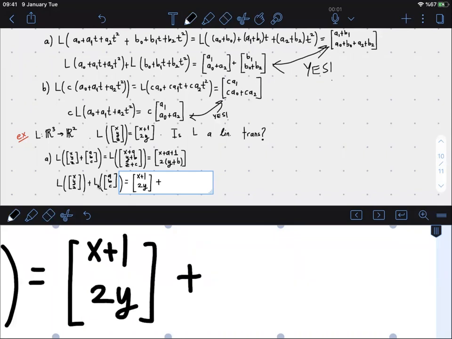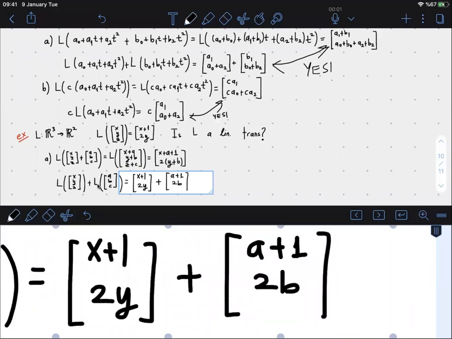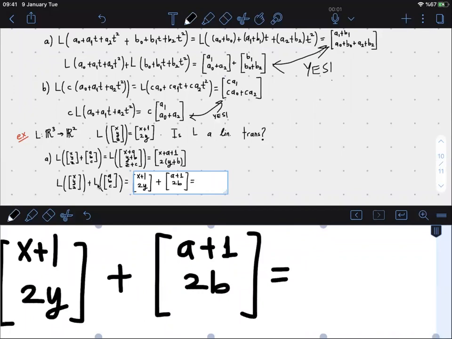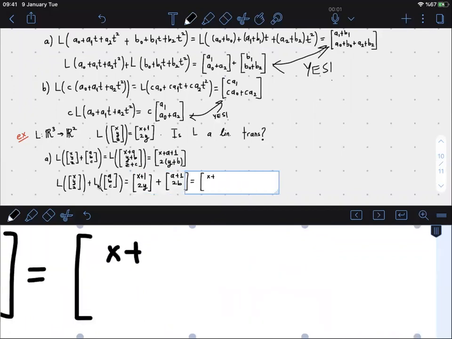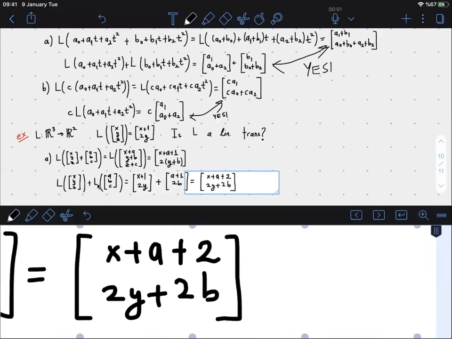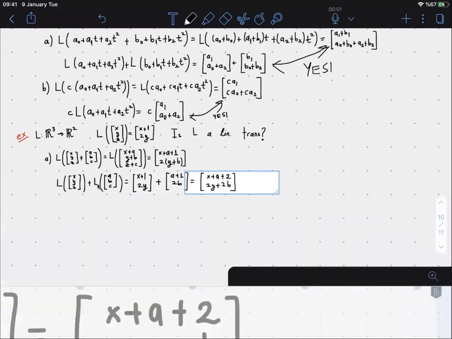It will be a plus 1 and 2b, right? So if I add them, I get what? I get x plus a plus 1 plus 1 is 2. Okay, so you see, in general, these two things are not equal.